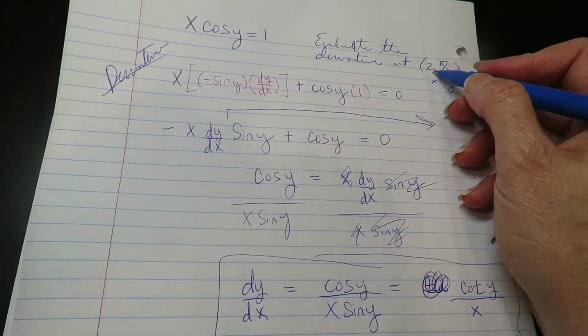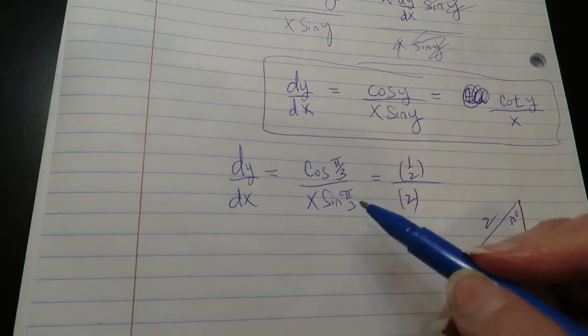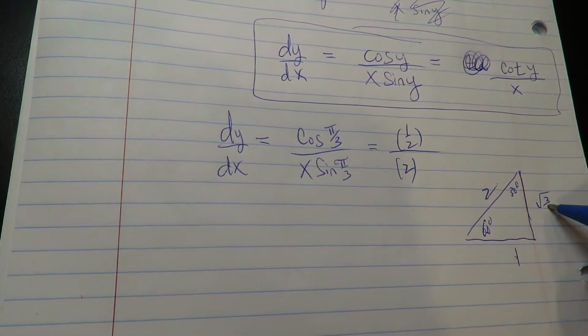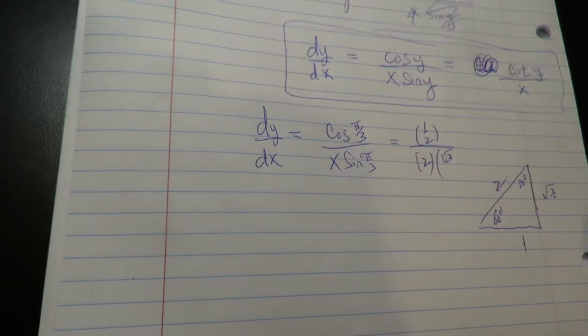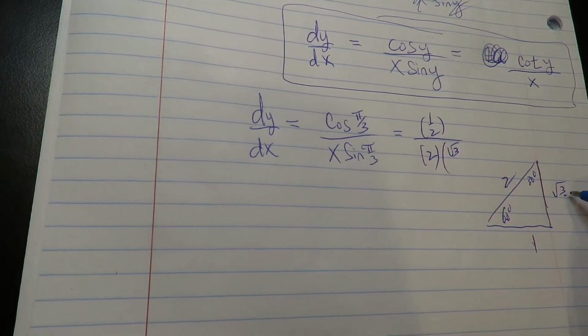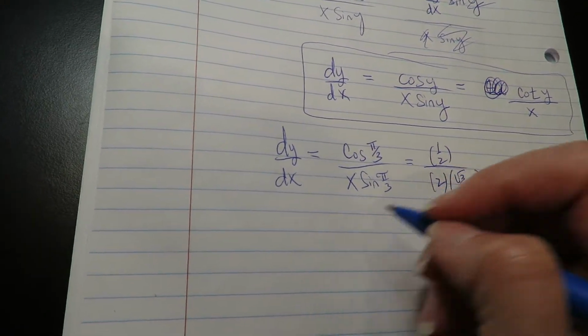X they're giving us as a 2. Sine, opposite over hypotenuse. Alright.